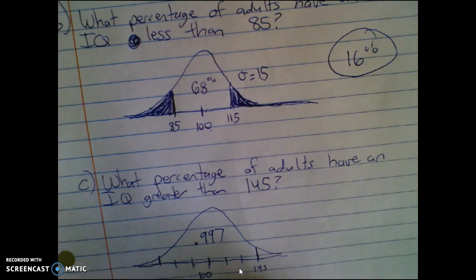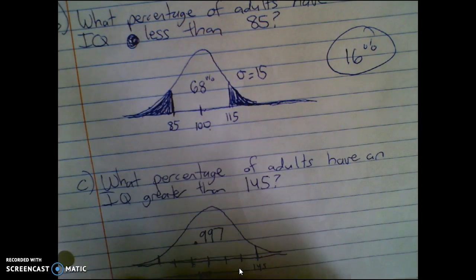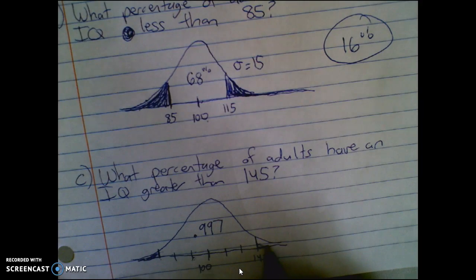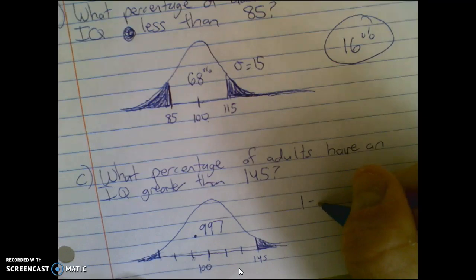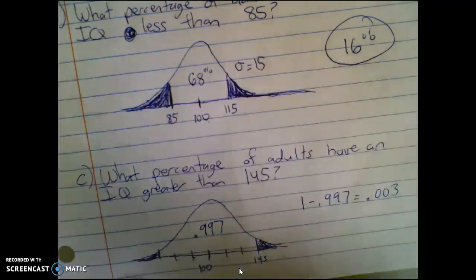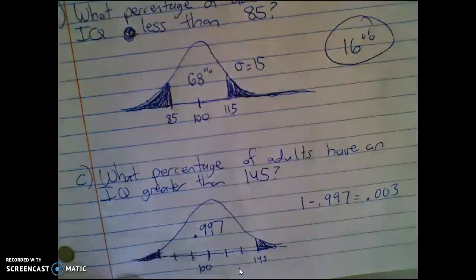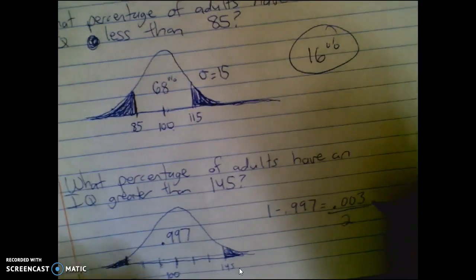You have to be able to use a percentage and a decimal interchangeably. Again, the whole curve is 1, or 100%, and I know this is perfectly symmetric, so this little area right here is equal to this little area right here. So if I subtract 0.997 from 1, I get 0.003, and that is the area combined in these two tails. I would need to divide that by 2 to get the area in each one.